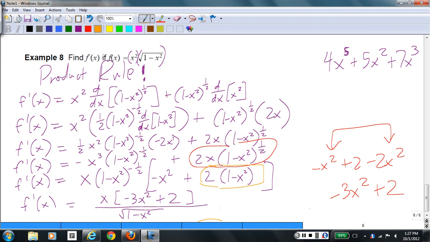So I see a 2 there, so I knew I need a 2. I've already got an x, so I don't need another x. And I've got a 1 minus x squared to the 1/2. And so I'm wondering 1 minus x squared to the negative 1/2 times what equals 1 minus x squared to the positive 1/2. And if I multiply by 1 minus x squared to the positive 1, that will get me from negative 1/2 to positive 1/2.